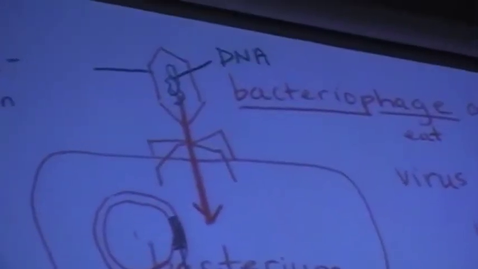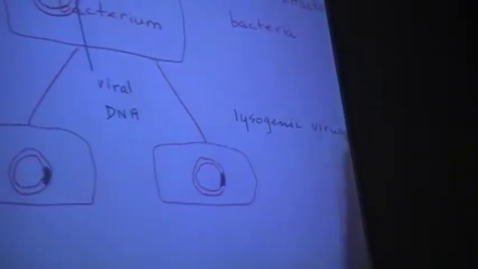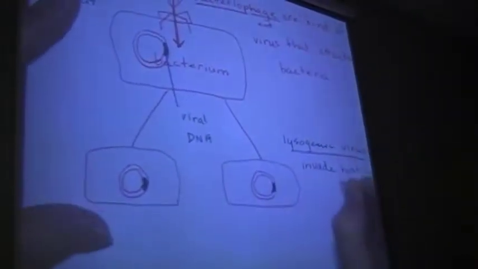Then what happens? Well, if this is this particular type of virus, which is called a lysogenic virus, lysogenic viruses have a cycle that's like this. They invade the host cell. That's step one.